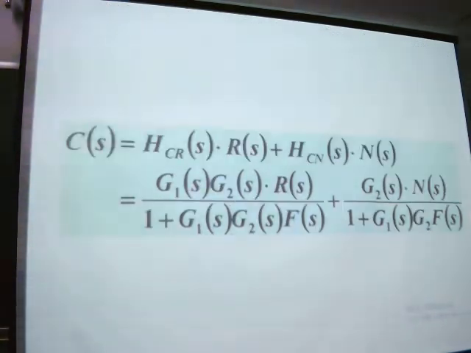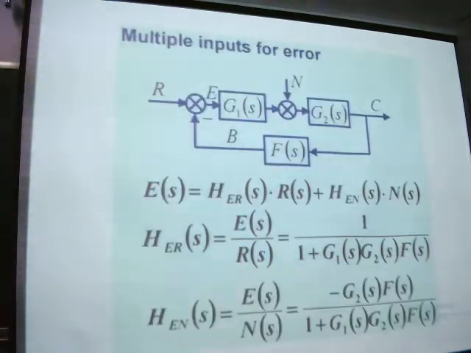Okay, let's go. Now this is C(s). C(s) consists of two parts. One is the part from the input R(s), and the other is the part from the input N(s). Now another one here is the error for multiple inputs. The error includes the part from the input and the part from the turbulence.